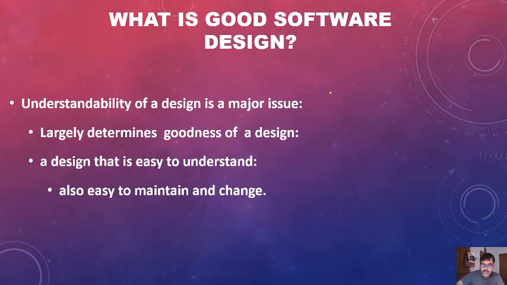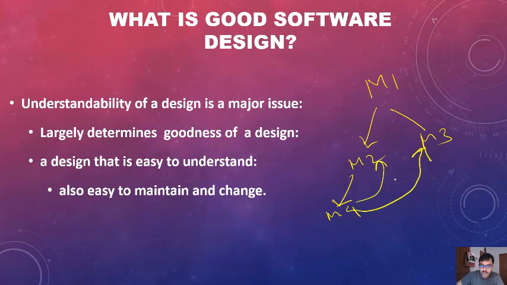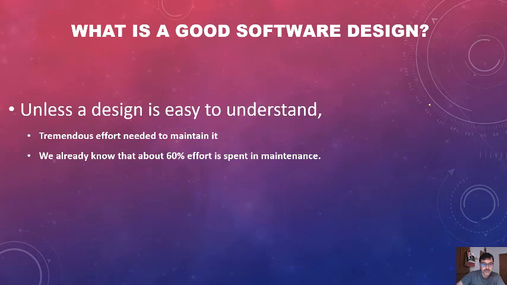Suppose I am designing modules M1, then M2, then M3, and this is our high level design, M4. Suppose this is a clean composition, but if we arrange the modules in some other way, then it is not a clean composition. So you should compose your high level design or modularity in such a way that the composition is clean.